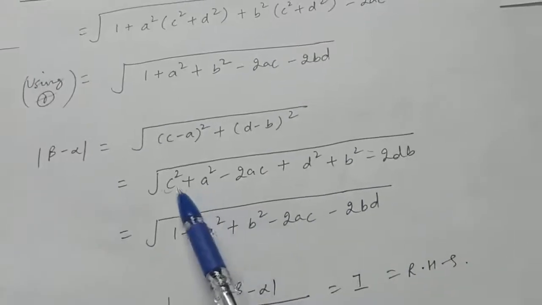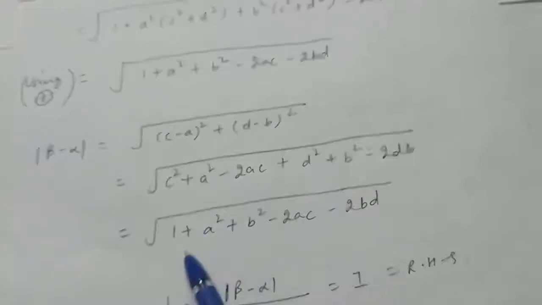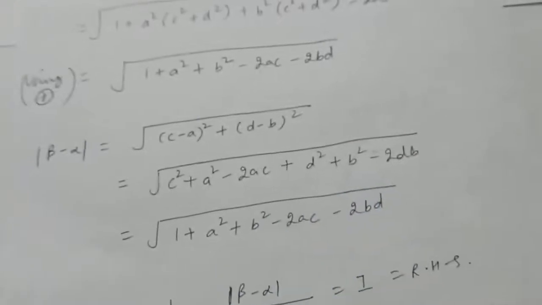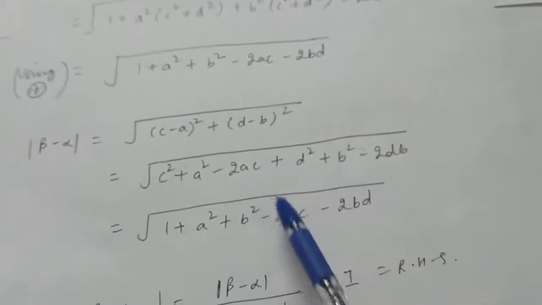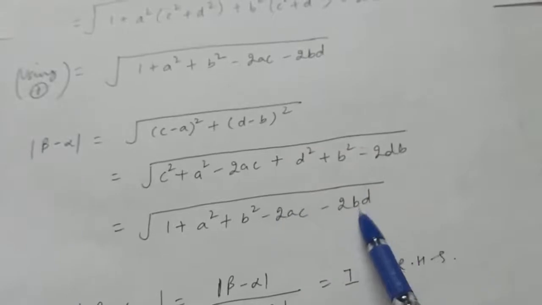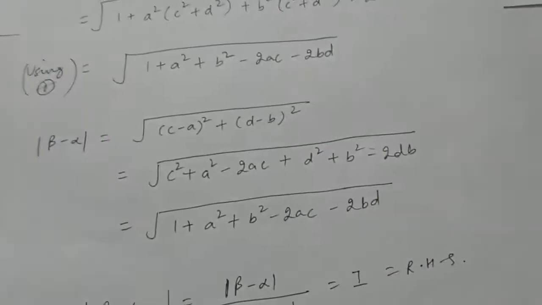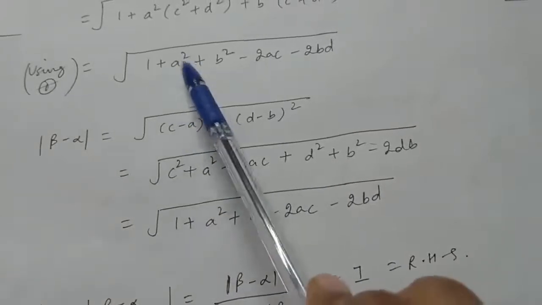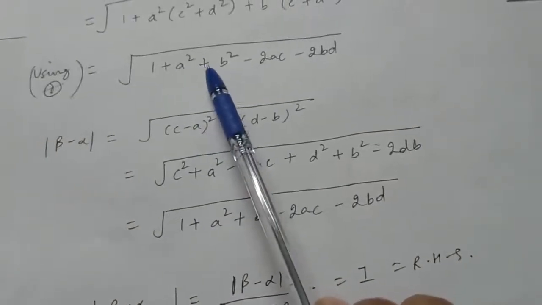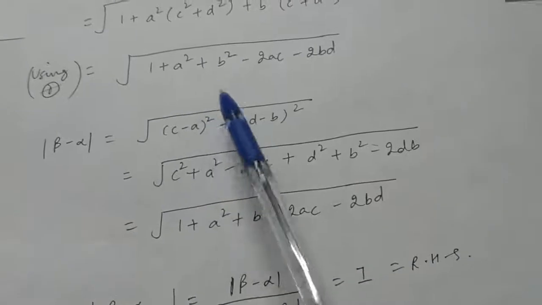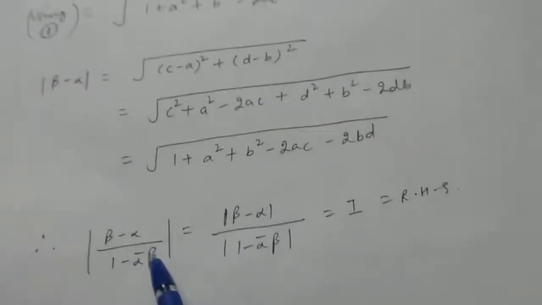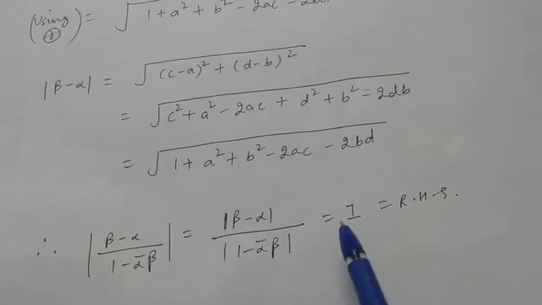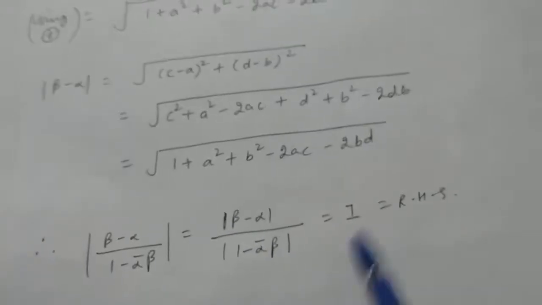Now c square plus d square is 1, plus a square plus b square minus 2ac minus 2bd. So you can see that modulus of beta minus alpha is equal to the modulus of 1 minus alpha conjugate beta. These two are equal. Therefore, the value of this, which is equal to this, is equal to 1, which is the right hand side. Clear?